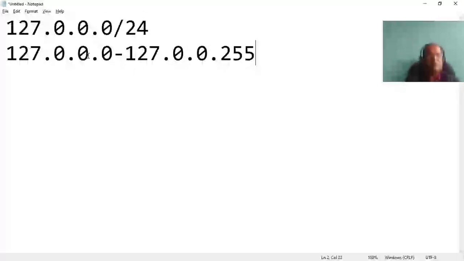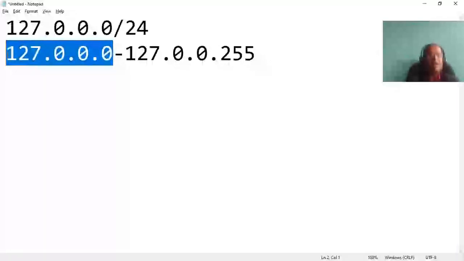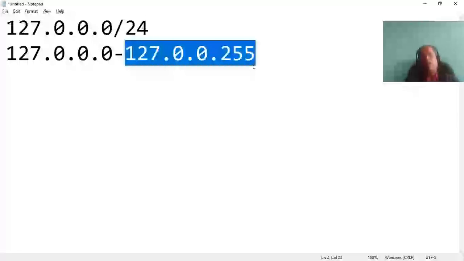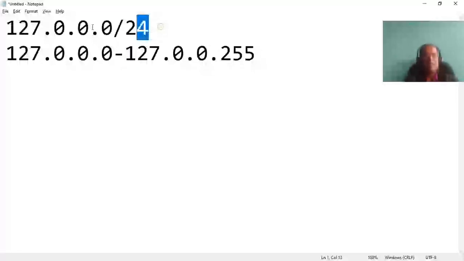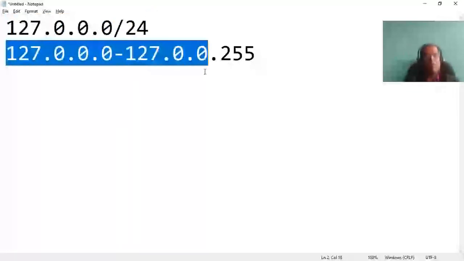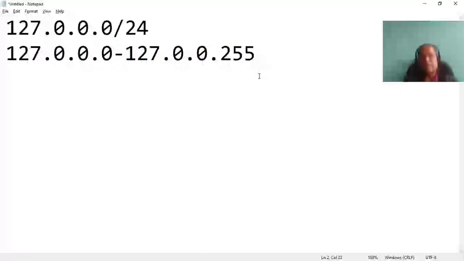So this is the starting address for this IP range and the end IP address for this given IP range. Now the total number of hosts from the start to the end can be divided into a number of sub networks.